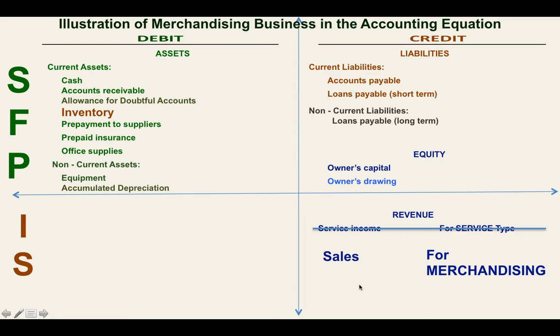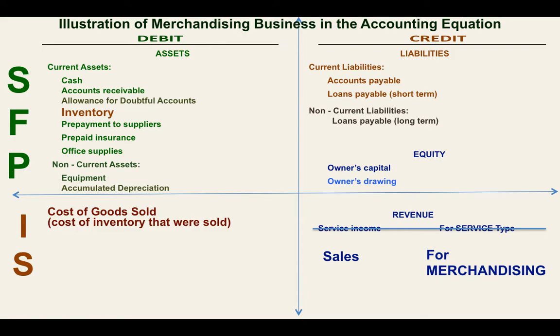So in this case, this inventory will be reduced, and that cost of inventory will be part of what you call cost of goods sold. So if we have sold this inventory, we will have cost of goods sold. Okay?